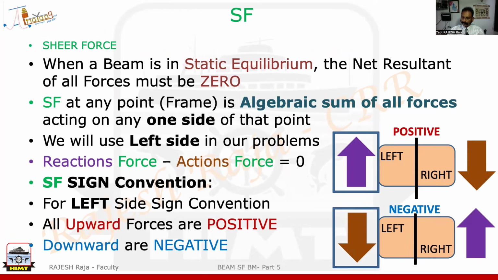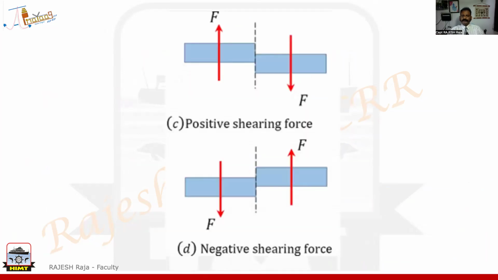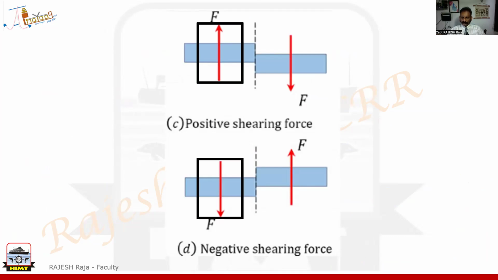That means I'm going to do the algebraic sum only on the left side. And again, I'm repeating, if I do it from the right side also, I should get the same answer. It might be a little confusing, but you should get the same answer. This is exactly the same diagram which I showed in the previous one. I'm going to take the left, so up is positive on the left and down is negative on the left.